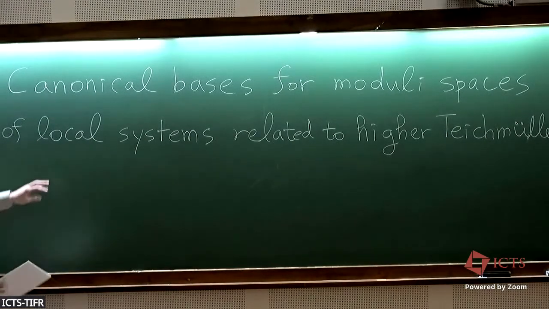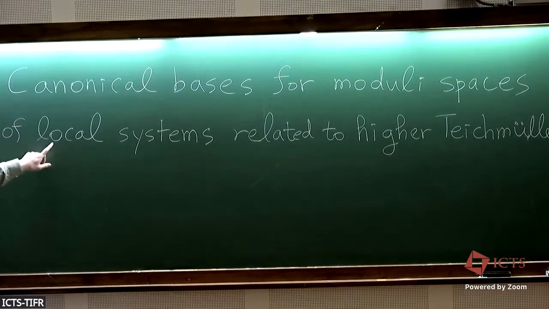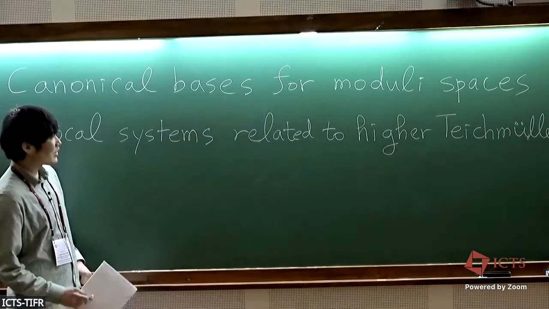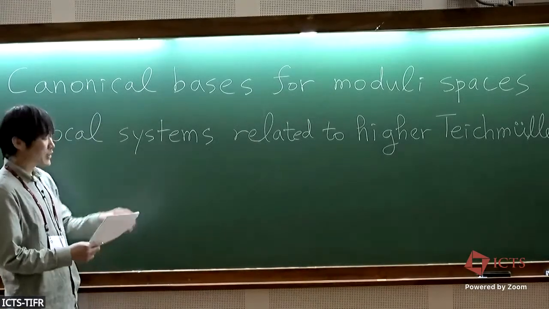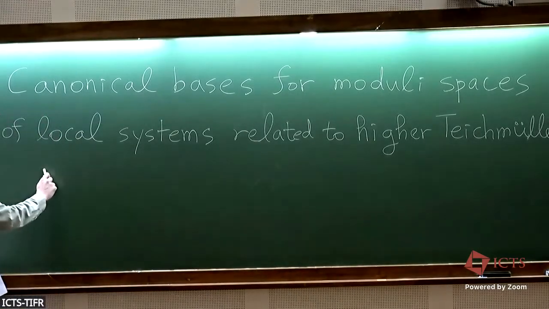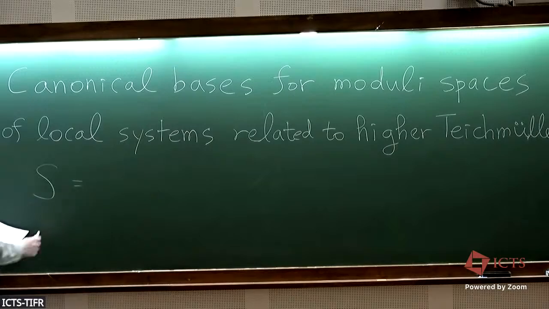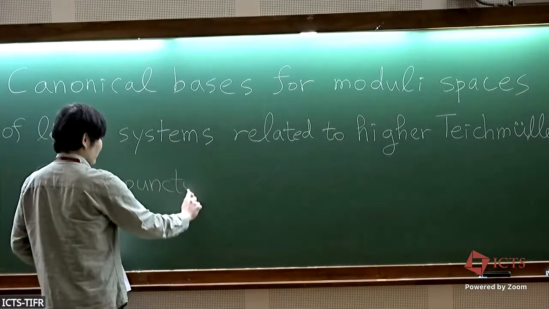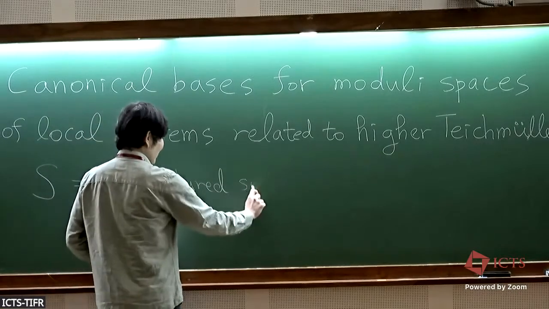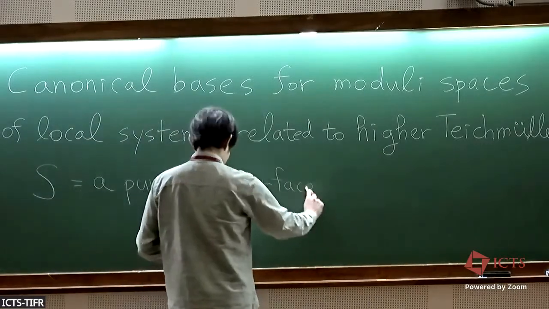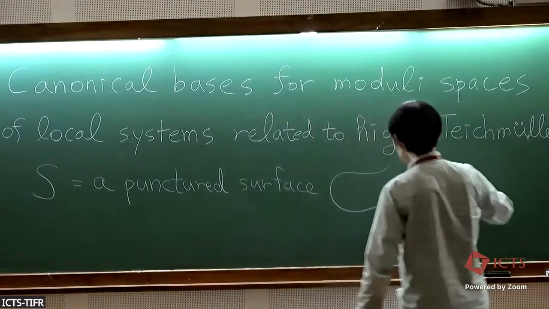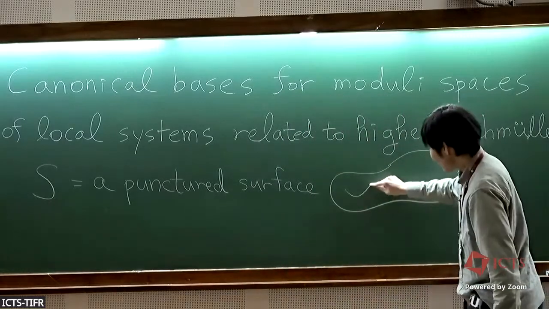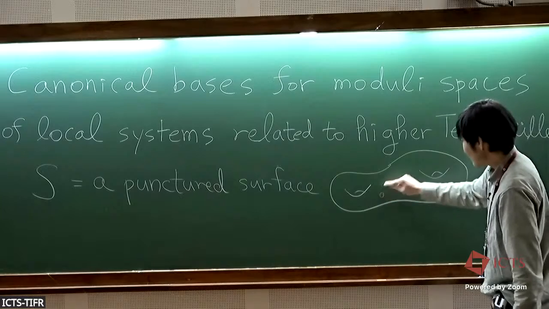There must actually be surfaces somewhere, since this is the moduli space of local systems on a surface, but I deleted it because it was already too long. So I should start from a surface S, a punctured surface. In picture, it should look something like this.